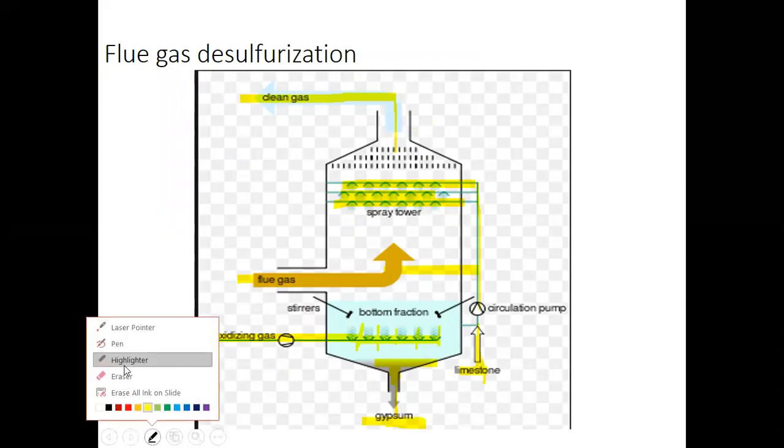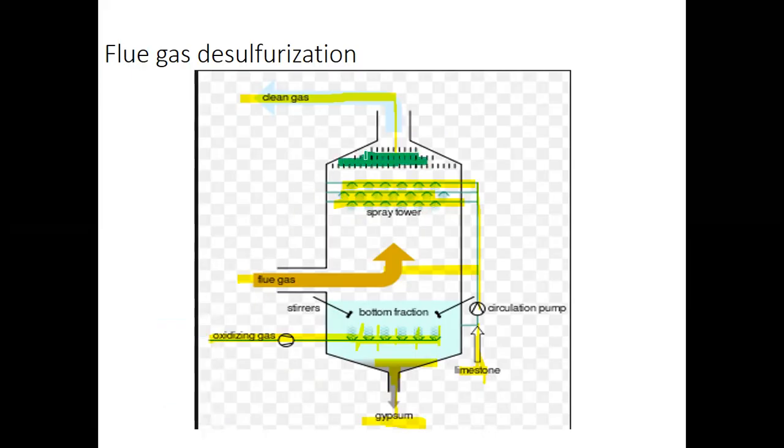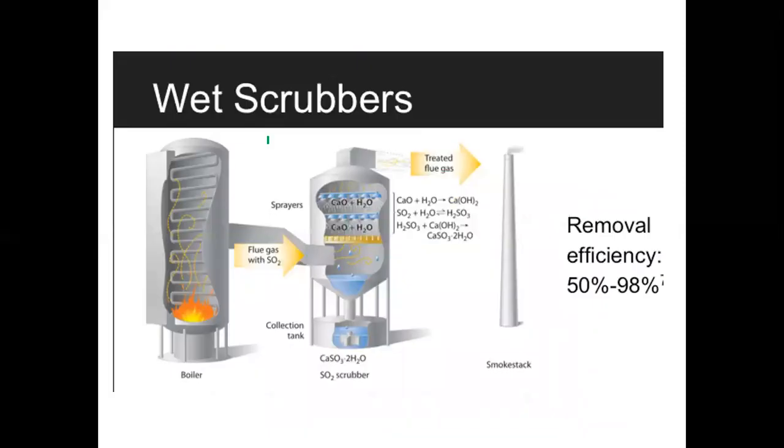And here you can see these, called entrainment separators or demisters, to catch or trap the moisture going with the clean gas. So these are called a demister or entrainment separator. Then at the top we can get clean gas, but it is not 100% clean. There is some amount of undissolvable gases available. So this is a wet scrubber.